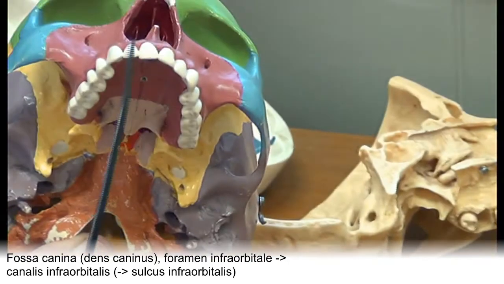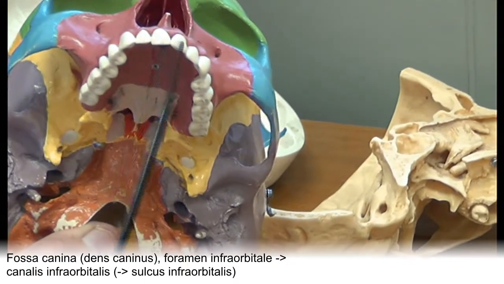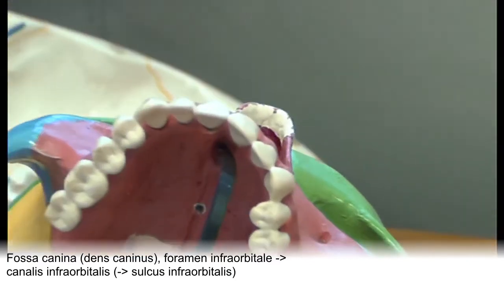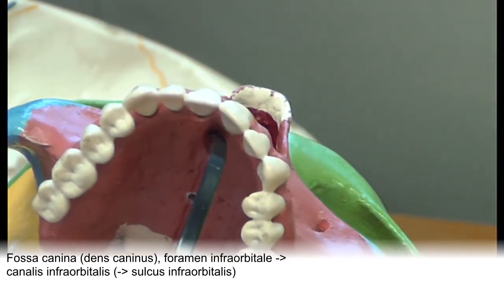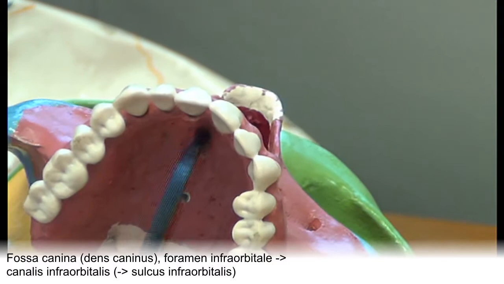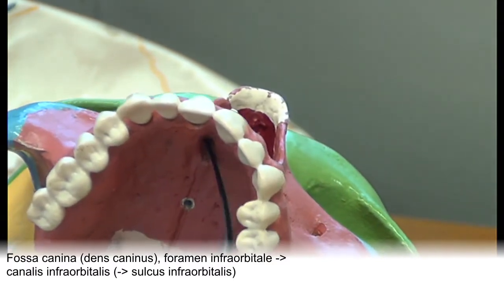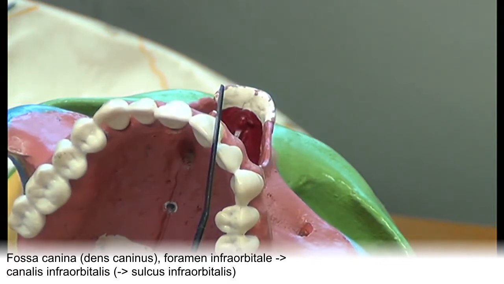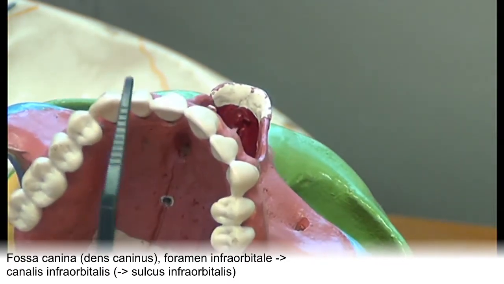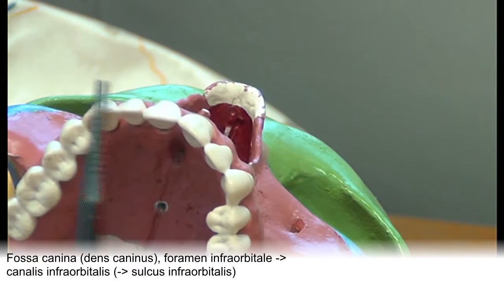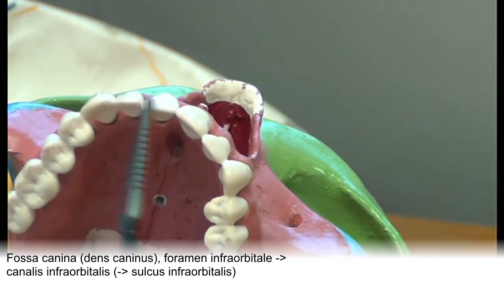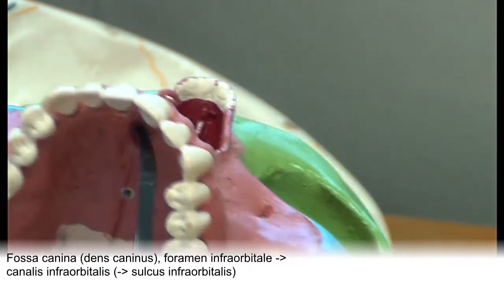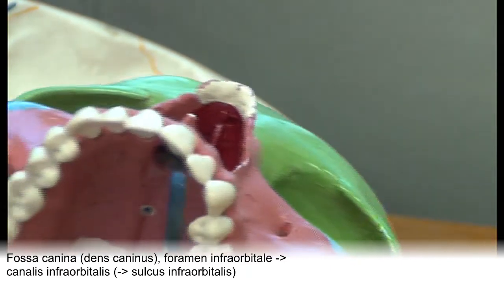These two first teeth are called dentes incisivi. Incisivus means in translation that they can cut the food. So these first two teeth serve to cut the food, not only the food.